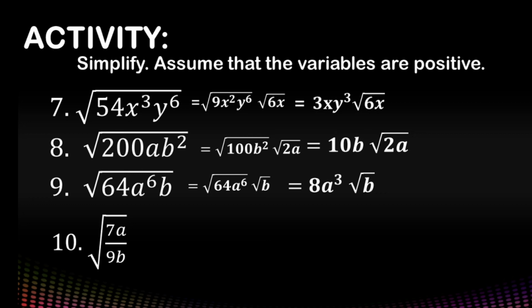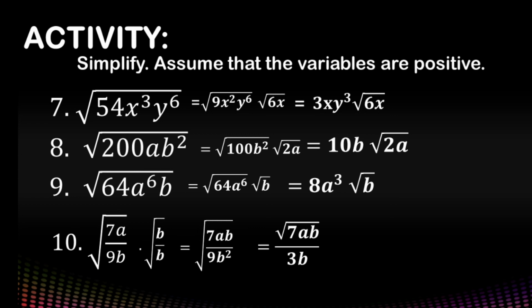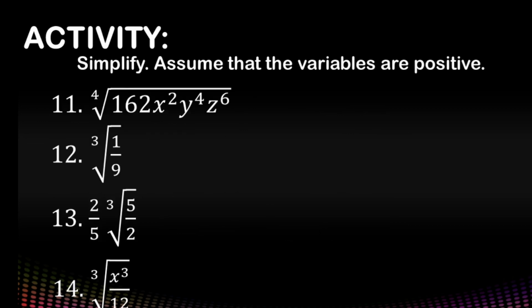So we need to rationalize our denominator by multiplying both the numerator and the denominator by the square root of b. Therefore, we have the square root of 7ab over 9b squared. So that leads us to the square root of 7ab over 3b.